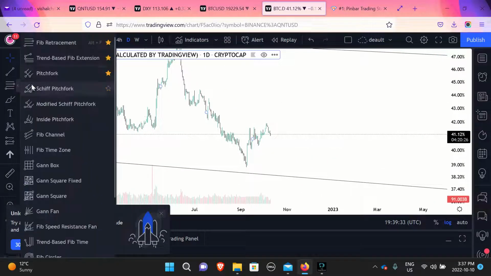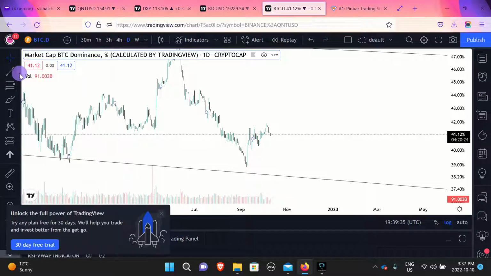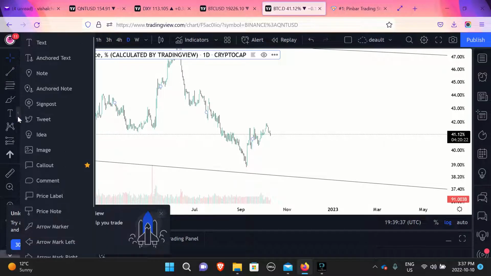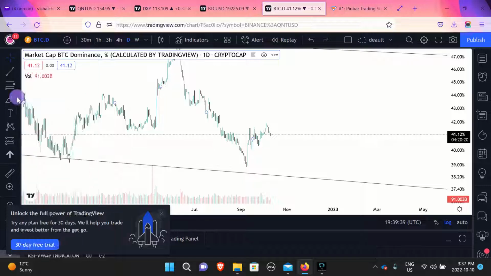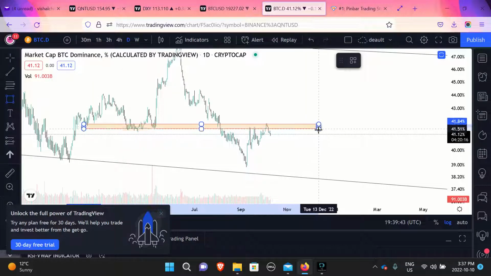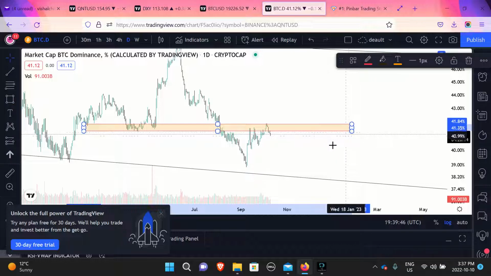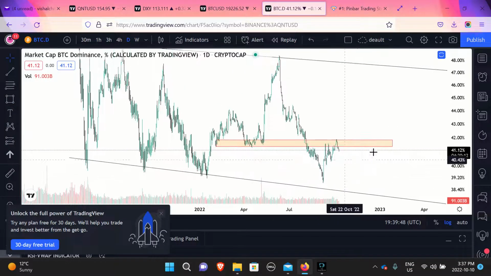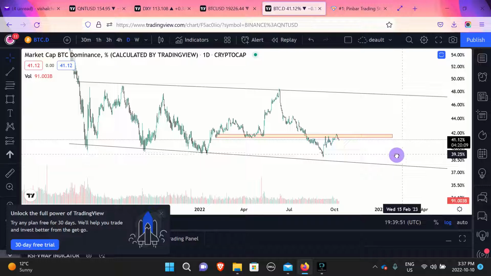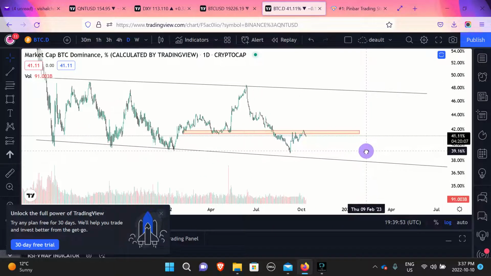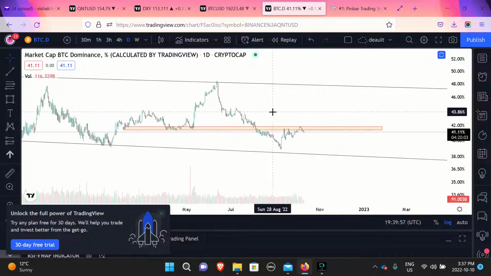We are finally rejecting off this zone right here. And that is very, very good for the altcoins, guys. You should be heavy, heavy, heavy in alts right now.